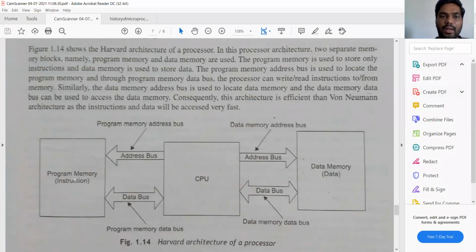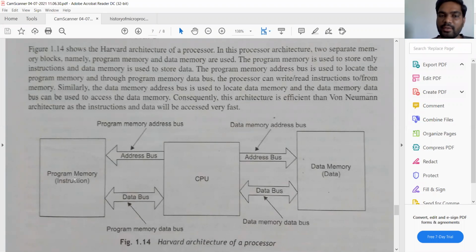If that is the structure, then that kind of architecture is known as what? Harvard architecture. Okay, so this you majorly find in microcontroller systems. When you deal with microcontrollers, you find this in microcontroller systems and in some advanced processors.